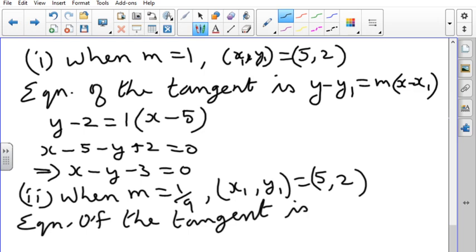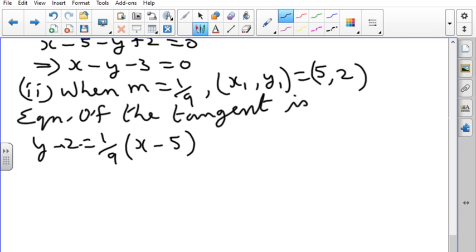Same formula, we will apply the same formula. y minus 2 is equal to 1 by 9 into x minus 5. So cross multiplying we get 9 into y minus 2 is equal to x minus 5.